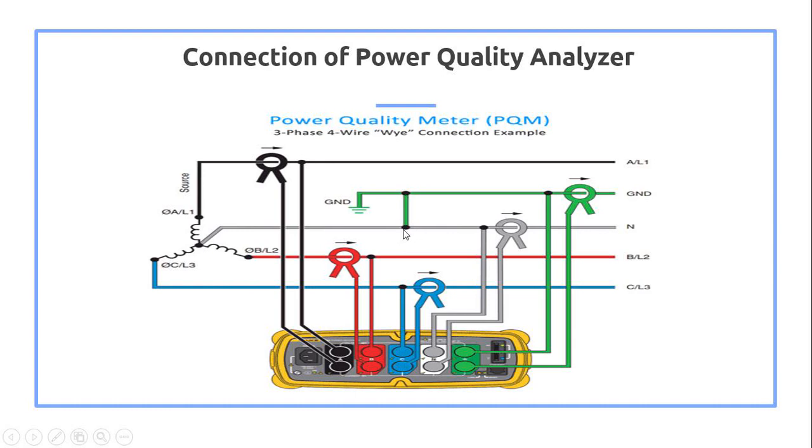Then you connect like this: R, Y and B. Here it is black, red and blue, and this is for neutral, and this is for the ground. It is not compulsory to connect like this, but if you want, you can.